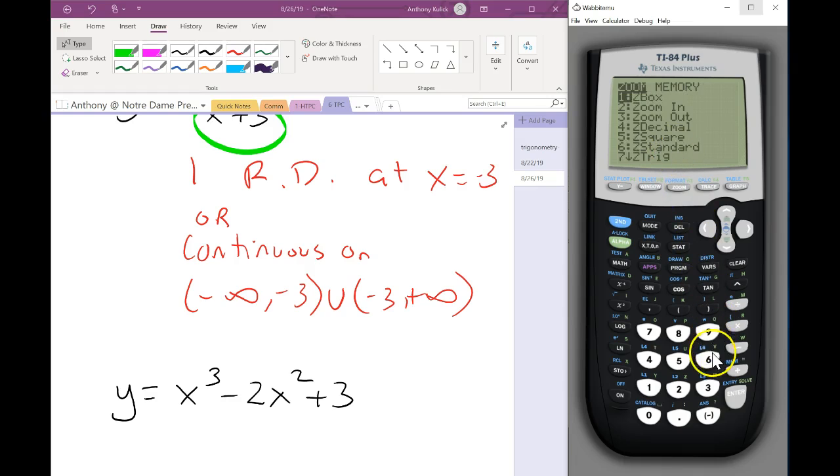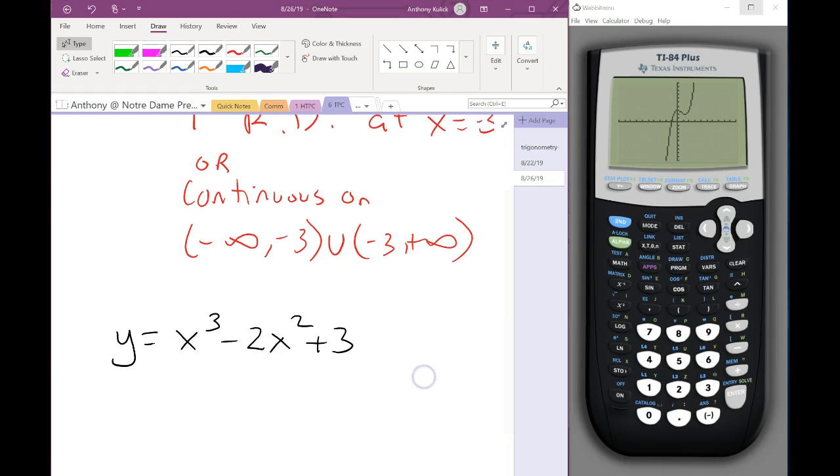I'm going to do zoom standard. It's a graph, and I have this. Do we see any discontinuity here? No. If I look at the function, would there be any discontinuity? No, because I don't see any square roots. I don't see any denominators. There's nothing to really restrict my domain here. So I am pretty positive we have no discontinuity.